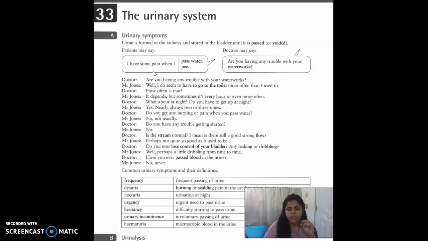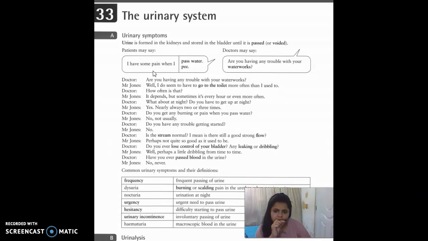Doctor: Do you get any burning or pain when you pass water? Mr. Jones: No, not usually. Doctor: Do you have any trouble getting a start? Mr. Jones: No. Doctor: Is the stream normal? I mean, is there still a good strong flow?